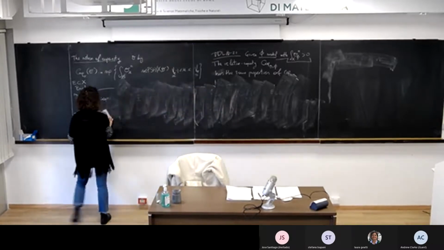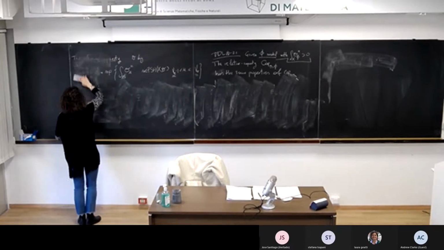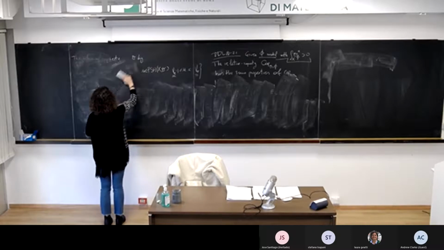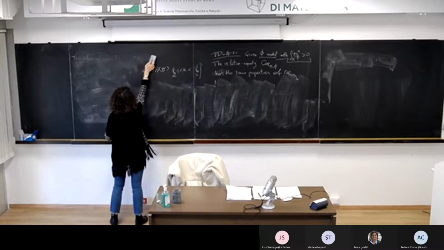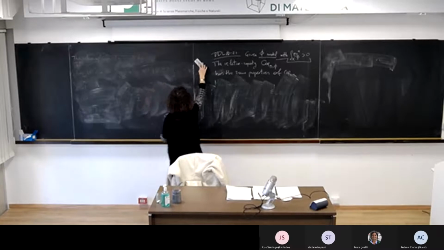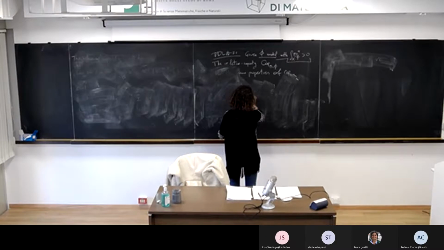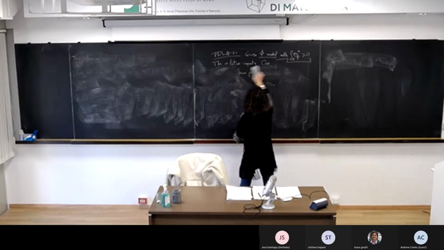So let me write things down. The statement is kind of crucial in what I'm going to say in the following for the resolution of the Monge-Ampère equation, and it uses generalized ideas coming from the 90s.